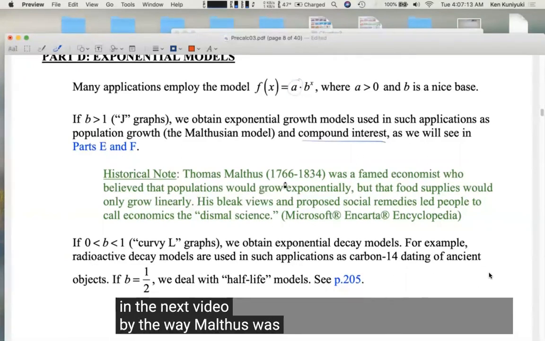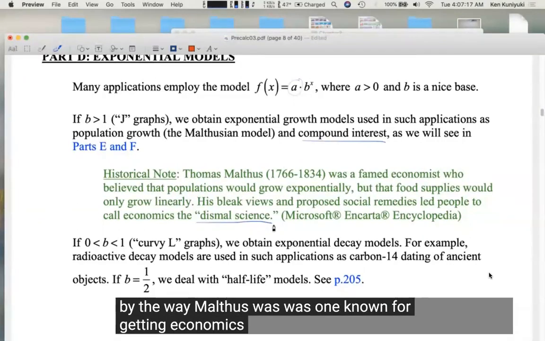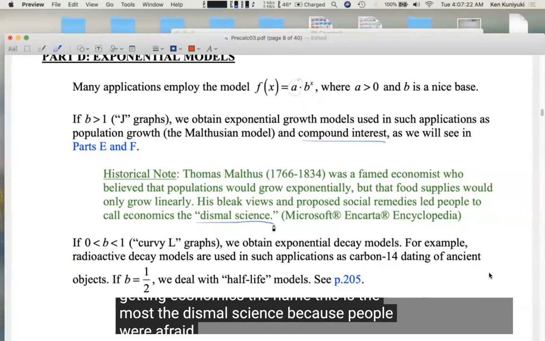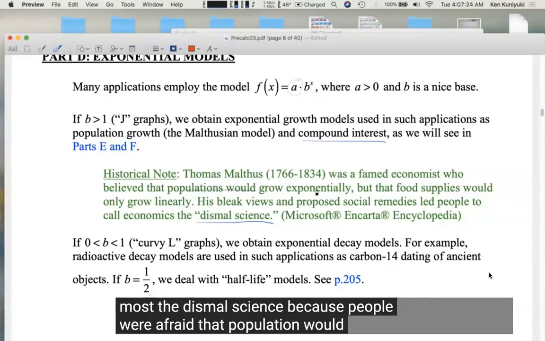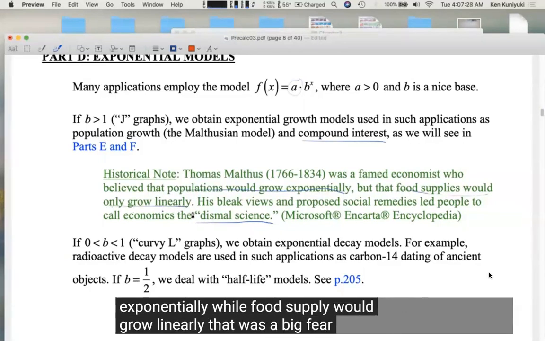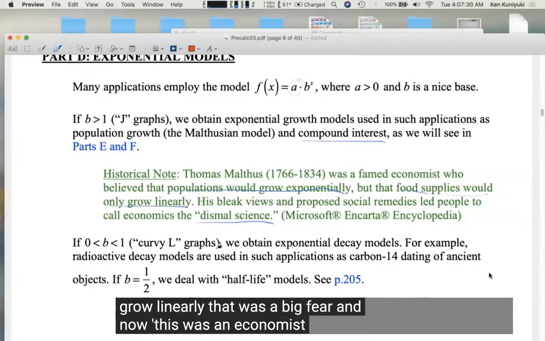By the way, Malthus was known for giving economics the name the dismal science, because people were afraid that population would grow exponentially while food supply would grow linearly. That was a big fear, and Malthus was an economist concerned about that.